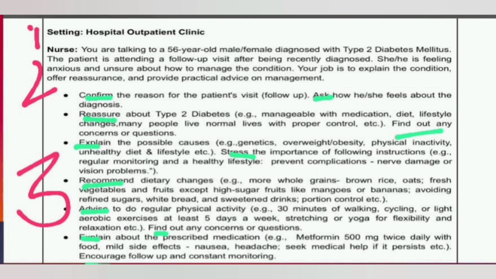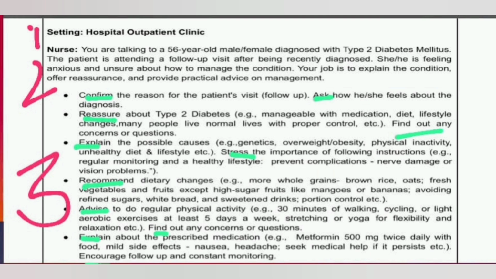She or he is feeling anxious and unsure about how to manage the condition. Your job is to explain the condition, offer reassurance, and provide practical advice on management. So, here the main focus is that we have to provide reassurance and advice according to the condition of the patient, that is the patient has been diagnosed with type 2 diabetes mellitus.